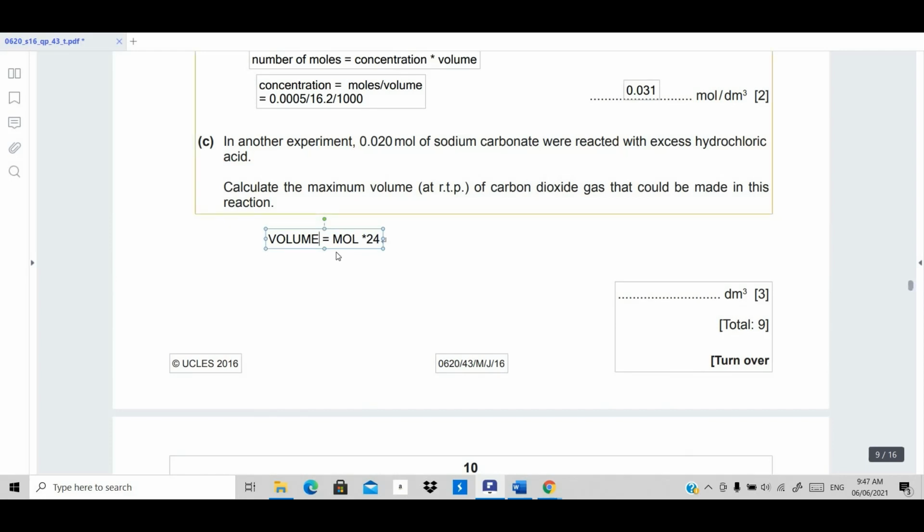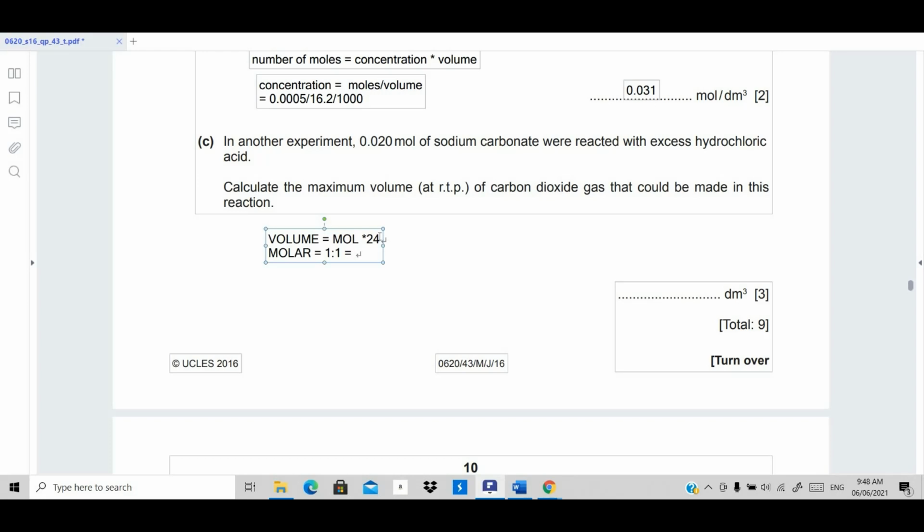The molar ratio equals 1:1. So 1:1 means that if this 1 represents the moles of sodium carbonate, which is 0.02, then the moles of carbon dioxide will be the same as the moles of sodium carbonate.